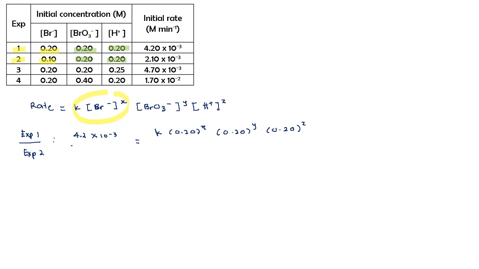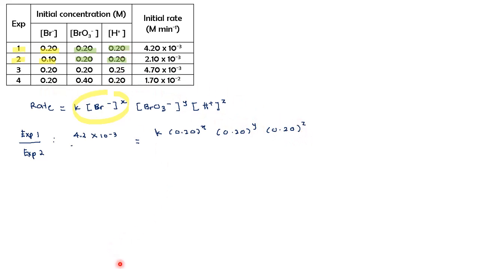The first one is the rate equation for experiment 1 with the initial rate 4.2 × 10^-3, and then rate constant k, concentration of Br minus to the power of x, concentration of BrO3 minus to the power of y, and then concentration of H plus ion to the power of z.